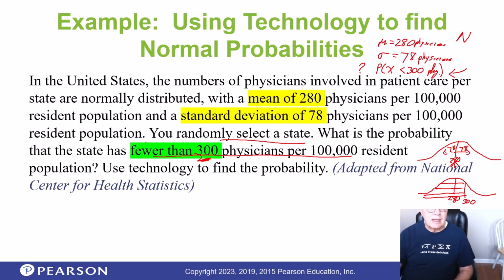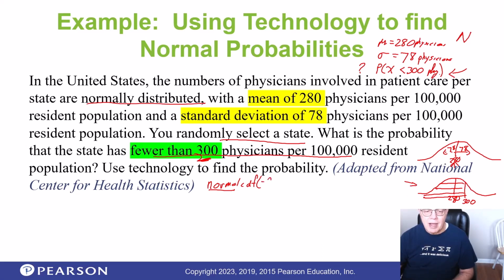So how do I get that? Well, where am I starting? Well, I know I'm going to use normal CDF. Reminder, you can only use this if it's normally distributed, which it said it is. Normal CDF, where do we start? Well, I look over here, negative infinity.